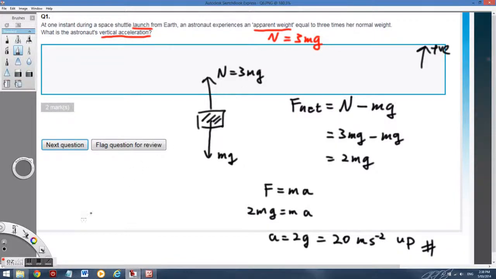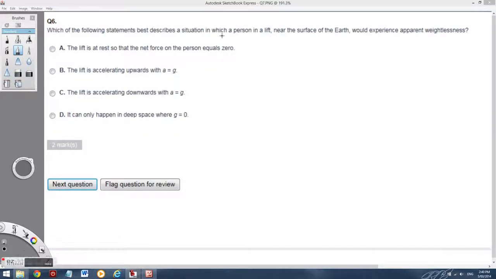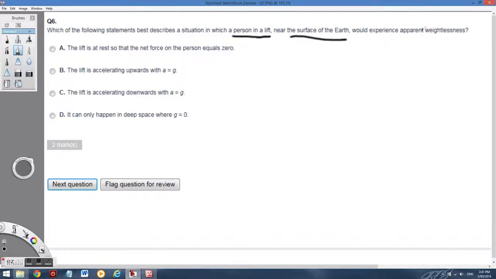Now, have a look at this question. Which of the following statements describes a situation where a person in a lift near the surface of the Earth would experience apparent weightlessness?